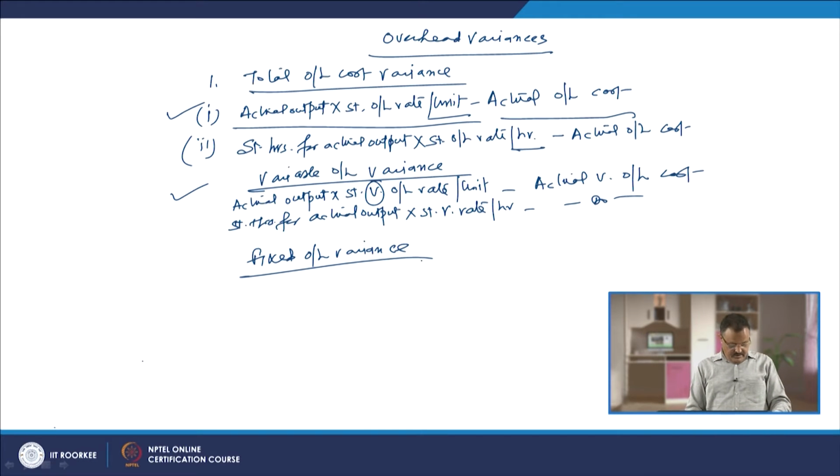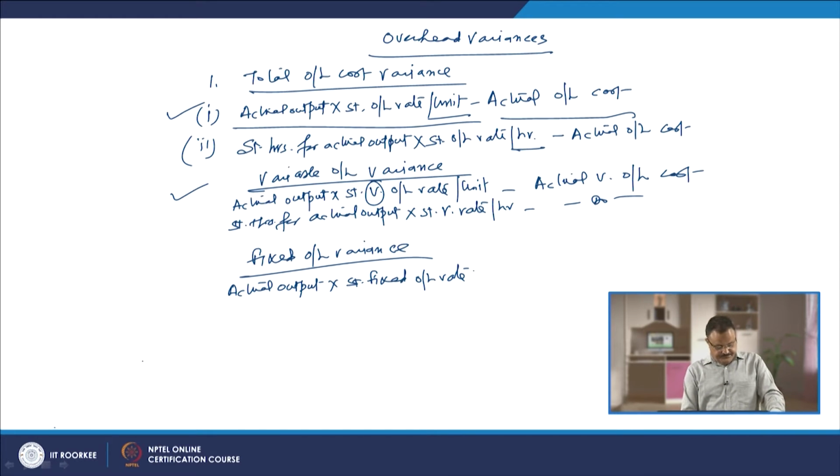The formula is very simple again: actual output into standard fixed overhead rate per unit, minus actual fixed overheads.